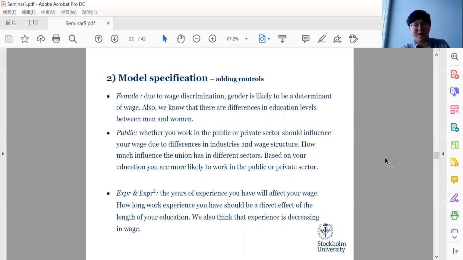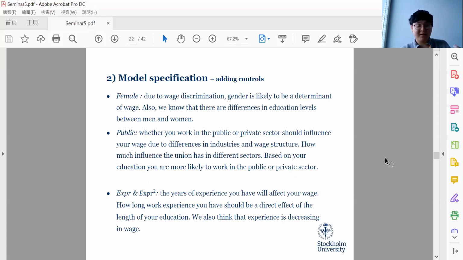For example, if you are only 24 years old and you have 16 years of education, then at most you will have 8 years of working experience, right? So this is how we justify why we put experience.